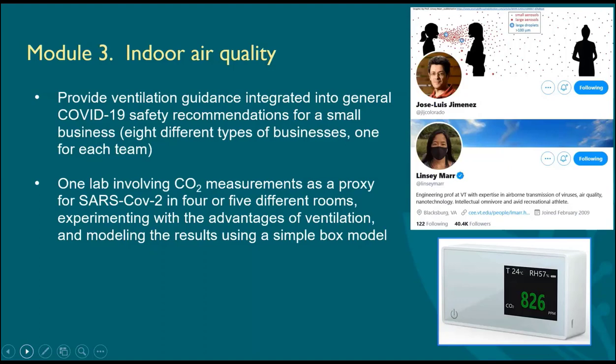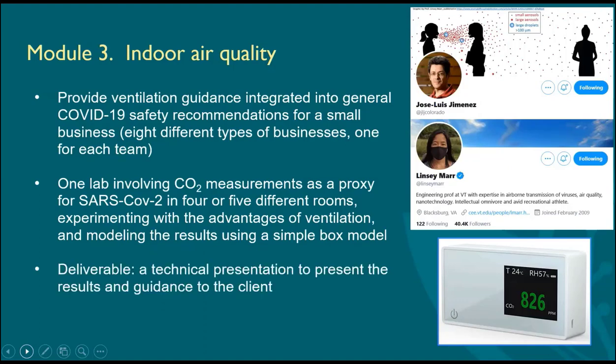And the final deliverable for this module was a technical presentation. So they didn't have to write a report, but actually do the presentation to the business owners with the recommendations they would give based on the results they found over their experimentation.